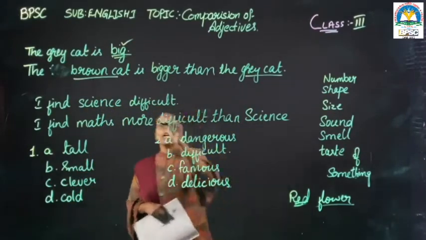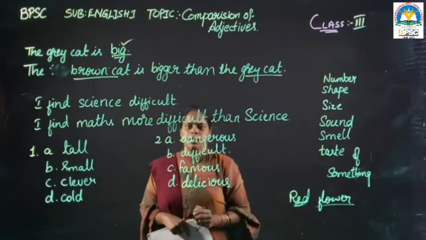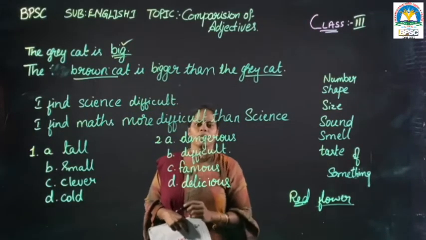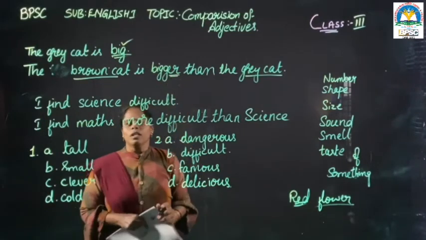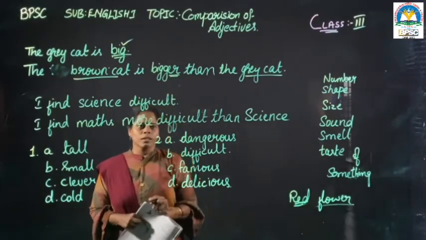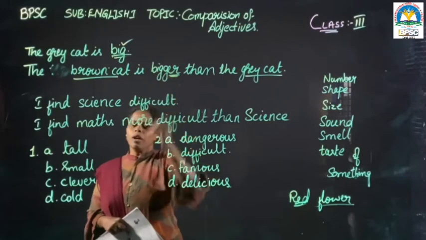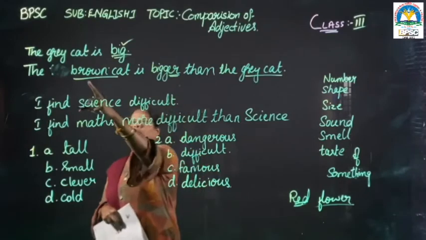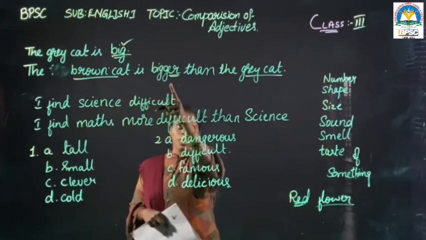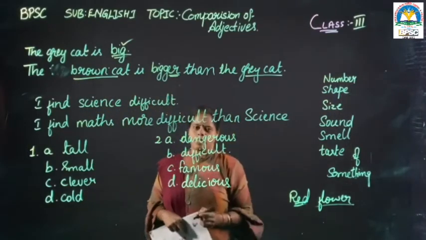You are comparing this and this. When you are going to compare, you are going to add some letters to the adjectives. Big, bigger. So the brown cat is bigger than the grey cat.